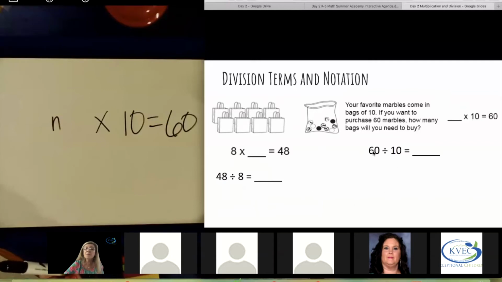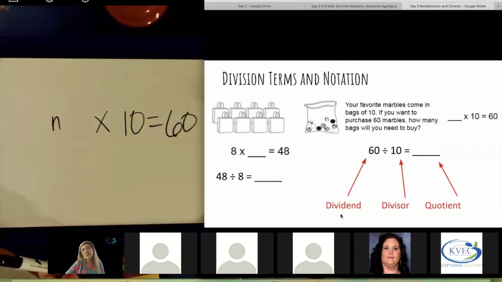This is 60 marbles divided into groups of 10, leaves us with 6 groups. So of course we teach that terminology: dividend, divisor, and of course the answer when we're dividing is the quotient. So it's important that the kids learn this terminology as well.